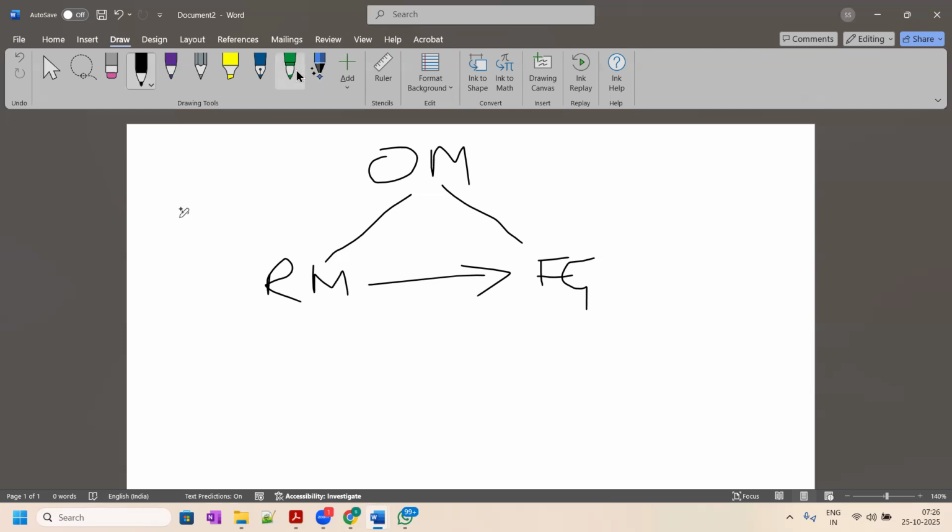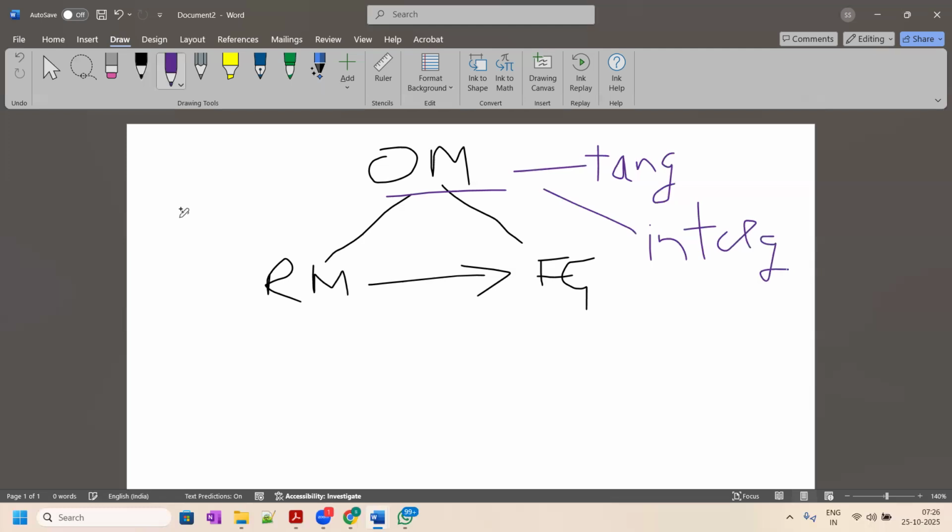So whenever you engage in the activity of operation management, you will either try to create a tangible product, or you're trying to create an intangible. A tangible output we call a product, and an intangible output we call a service.